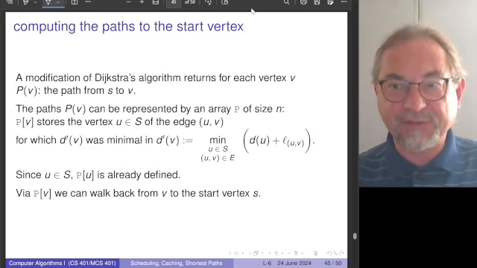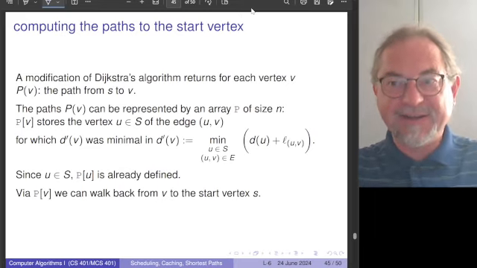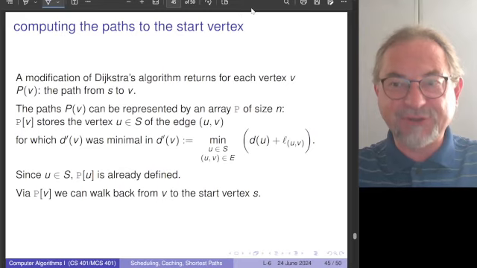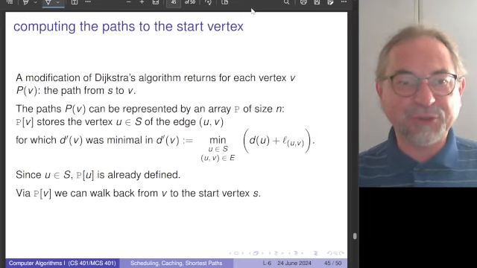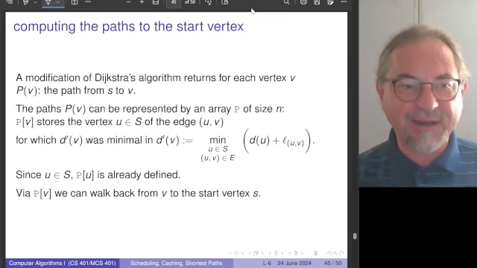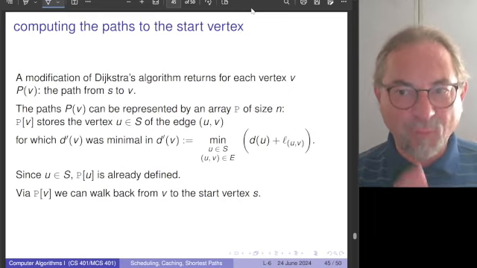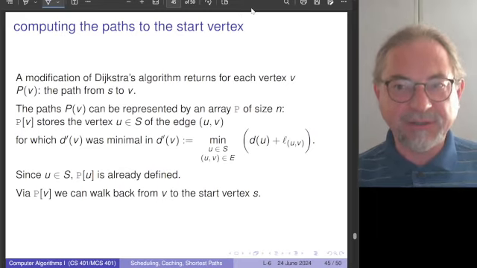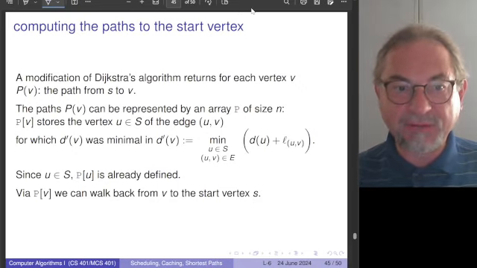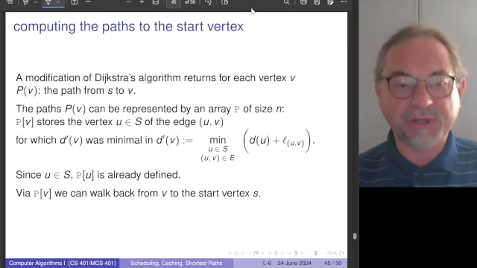And actually, you can think about the shortest paths. There could be as many as you have vertices. This could be seen as a two-dimensional data structure that you need. But the point is that if you have this one-dimensional vector, you can actually print out all the shortest paths.